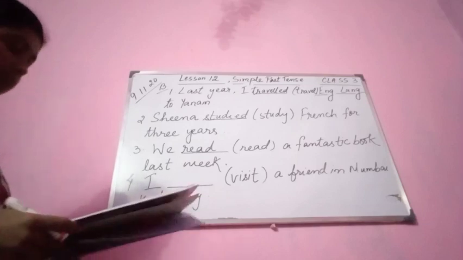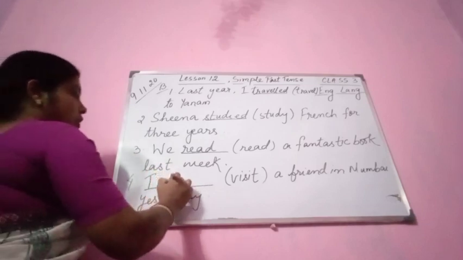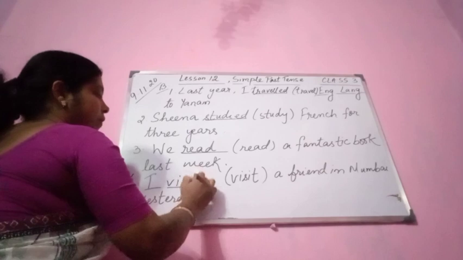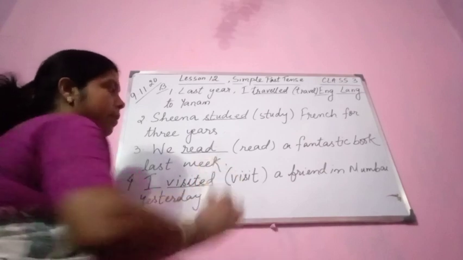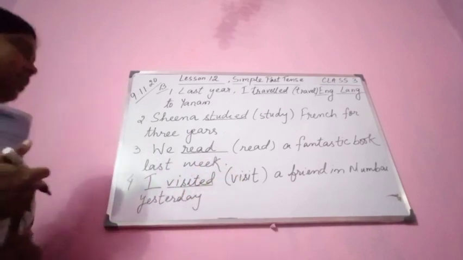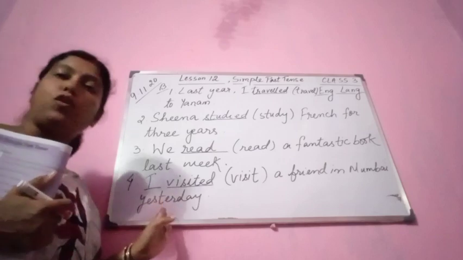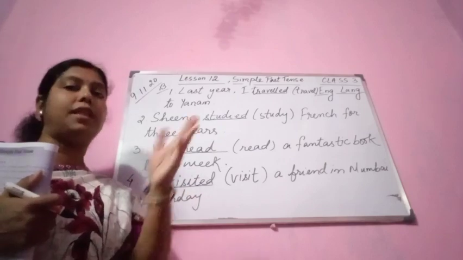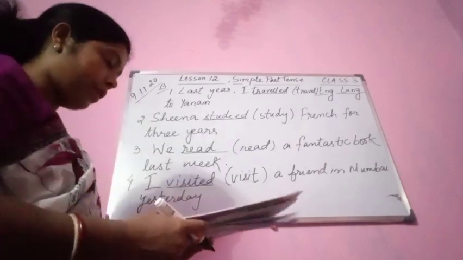I visited a friend in Mumbai yesterday. You see here, visit plus ed will be visited. The past tense of visit will be visited. I visited a friend in Mumbai yesterday. And words like yesterday show that the sentence is in the past tense. Okay?